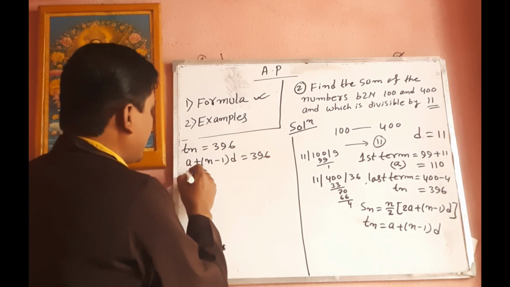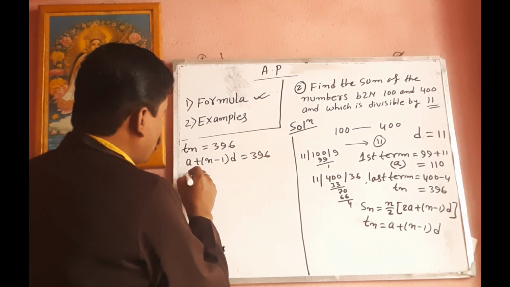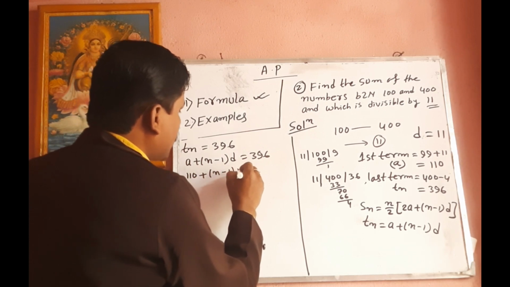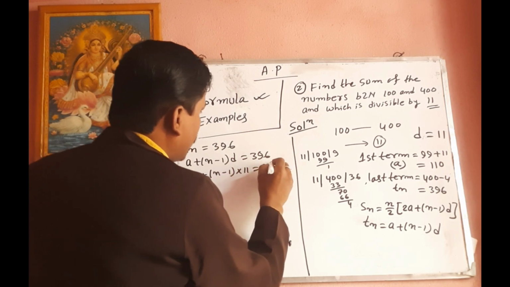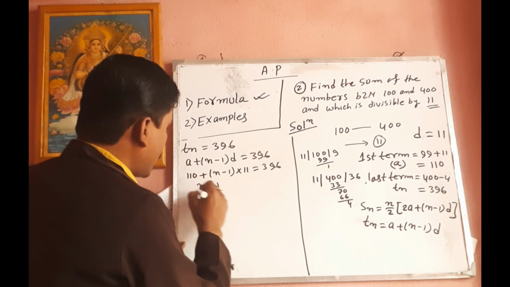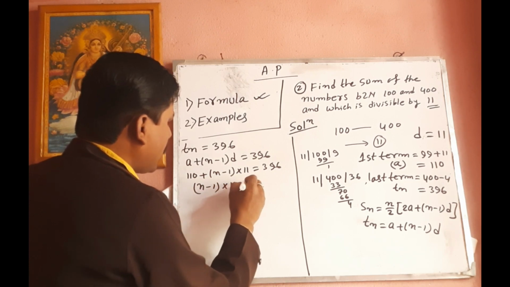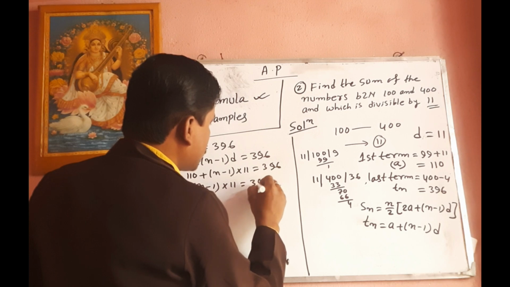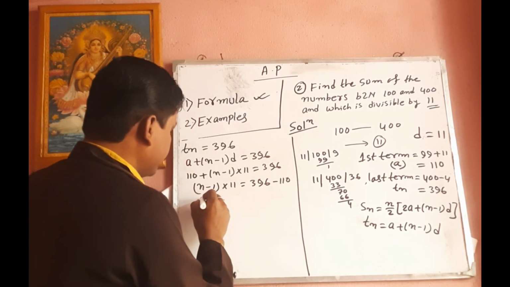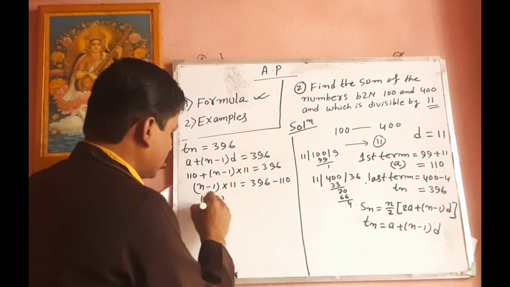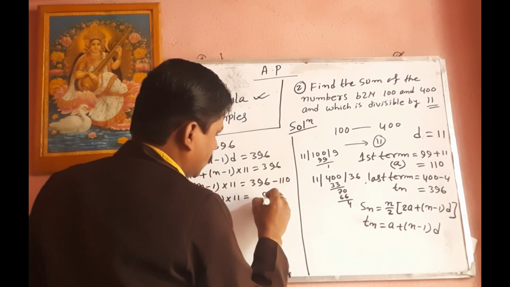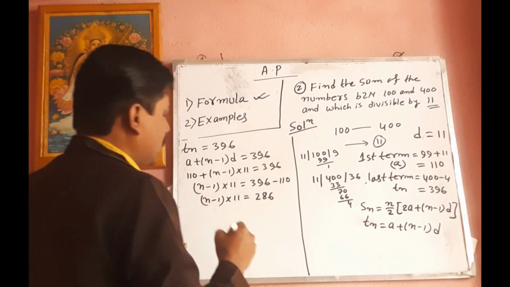Putting the values a is equal to 110 and d is equal to 11, we get (n minus 1) times 11 is equal to 396 minus 110, then we get 286.